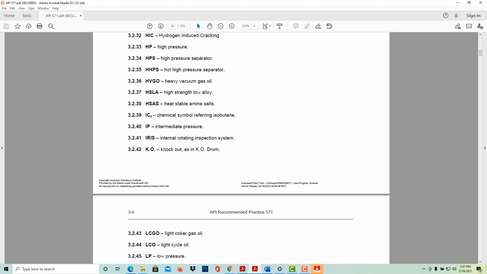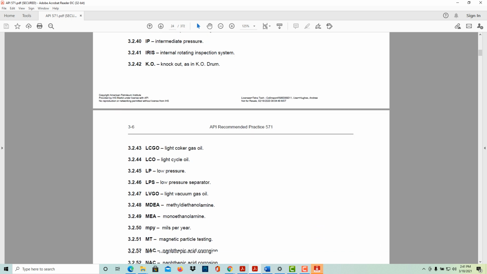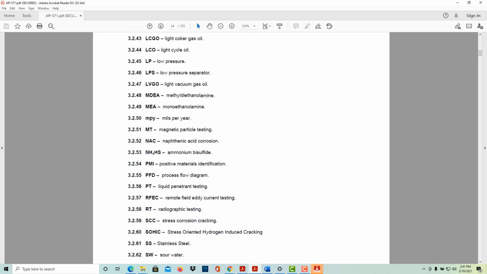KO, knockout or knockout drum. LCGO, light coker gas oil. LCO, light cycle oil. LP, low pressure. LPS, low pressure separator. LVGO, light vacuum gas oil. MDEA, methyldiethanolamine.